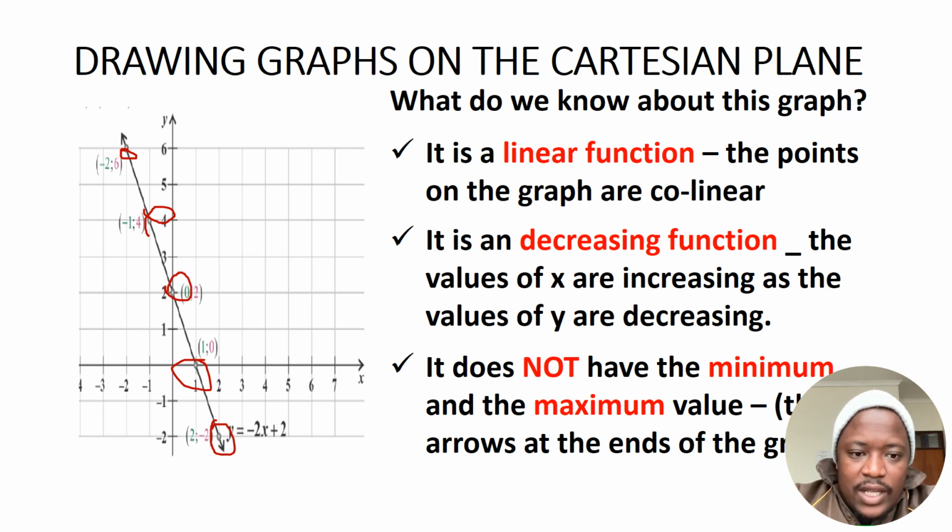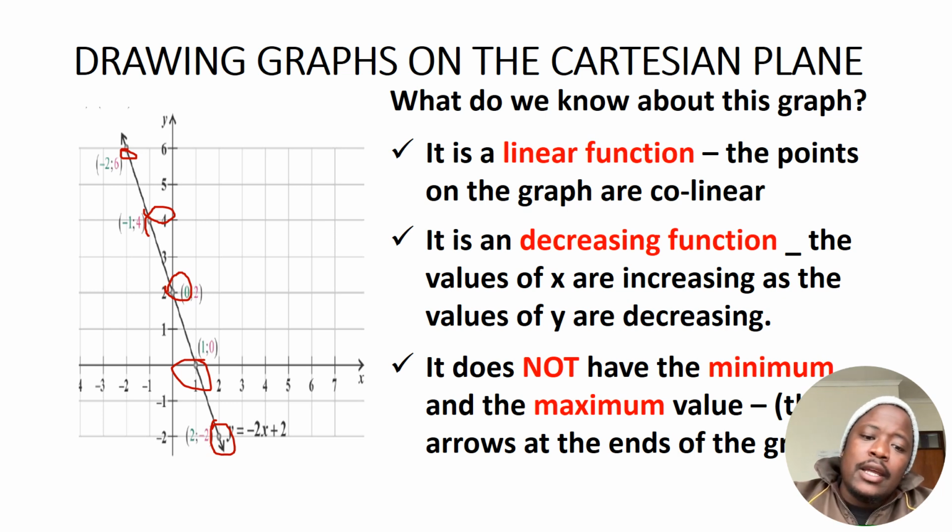The second one, negative 1 maps to 4. Notice that from negative 2 to negative 1, those are the values of x and they are increasing. But when we look at the y values, we are moving from 6 to 4. That means we are decreasing. So that's how you also need to analyze your graph.